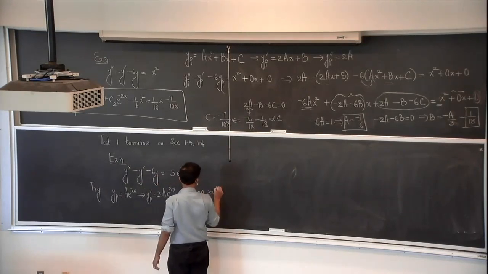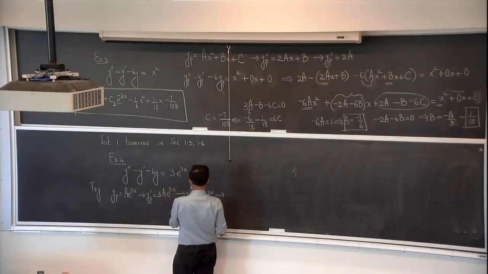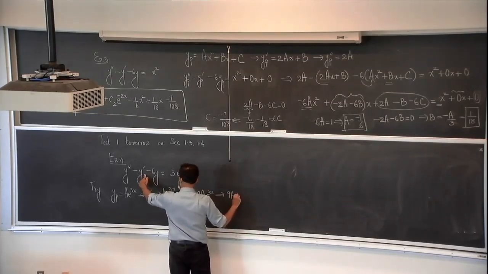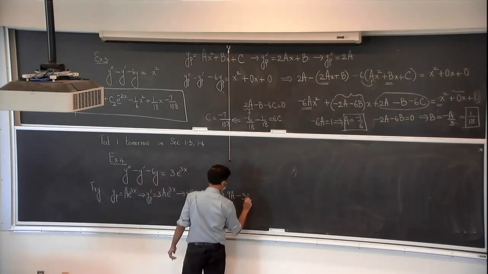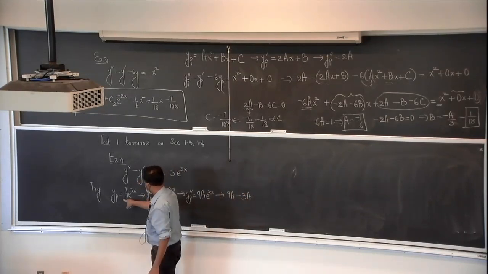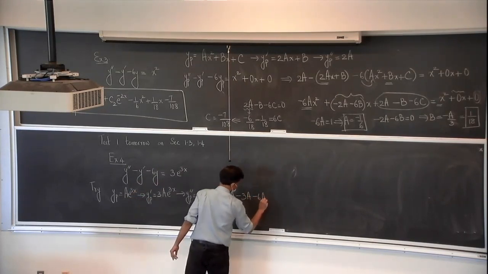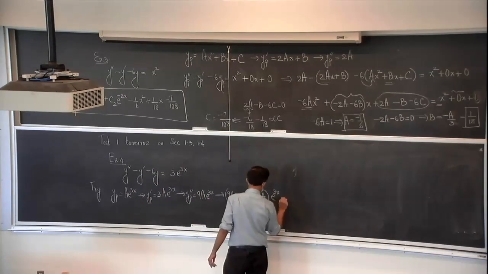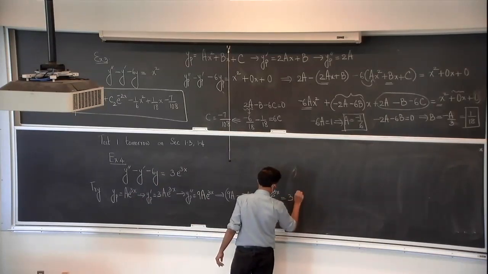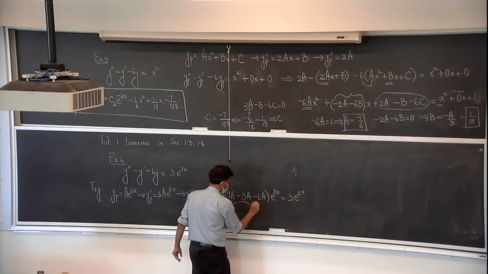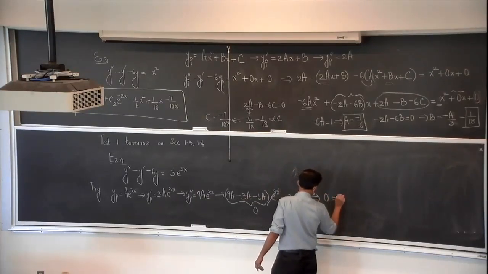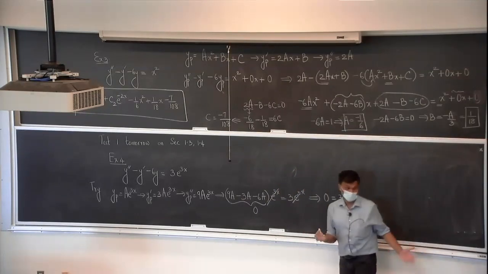You plug it in and you get 9a, then minus 3a, and then minus 6y, that is going to be minus 6a times e to the 3x, equal to 3 e to the 3x. This is 0. Then cancel e to the 3x and you end up with this great result of 0 equal to 3, which you know is not true.